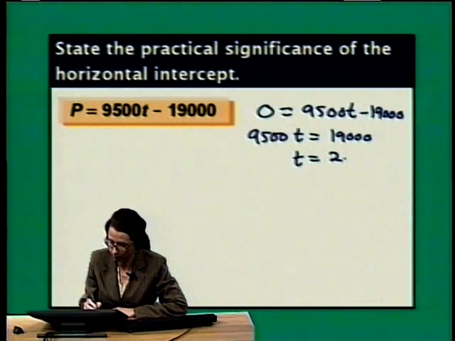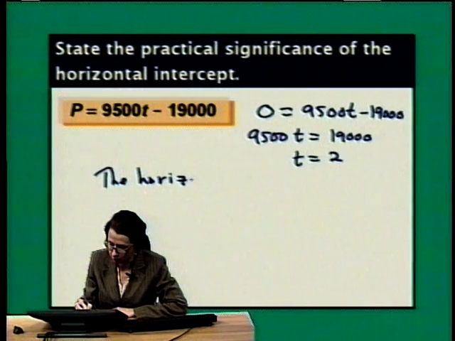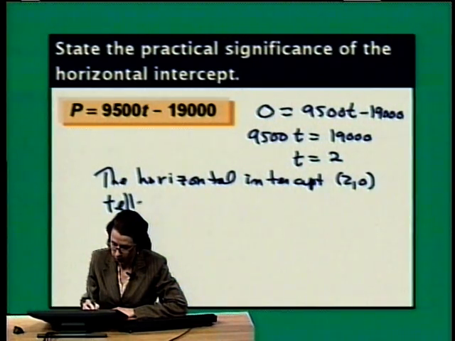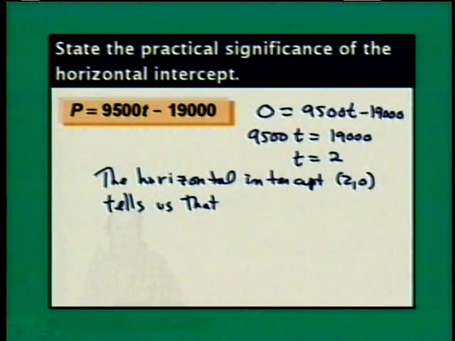What does it tell us? The horizontal intercept, 2, 0, tells us when the grocer's profit was 0. So 2 years after 1990 is 1992.